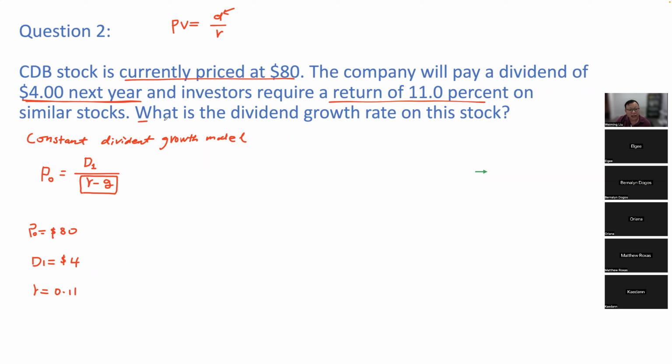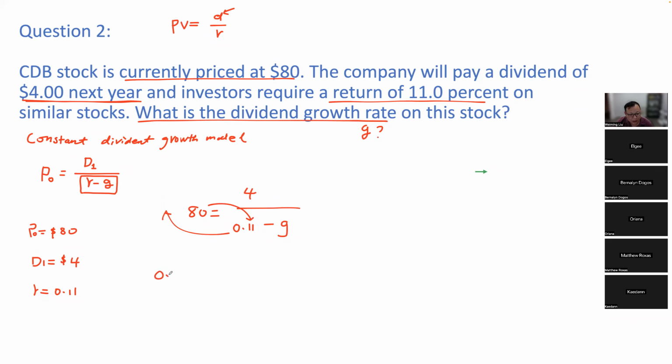The question is asking what is the dividend growth rate, so what is G? Now just using this formula, you have 80 equals $4 divided by 0.11 minus G, okay? So how you're going to solve this is, you switch the position.